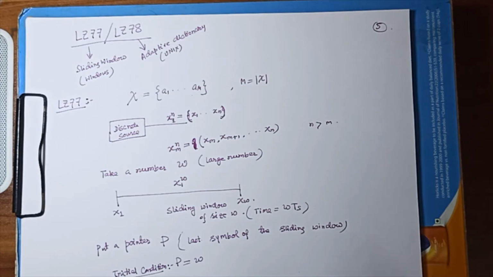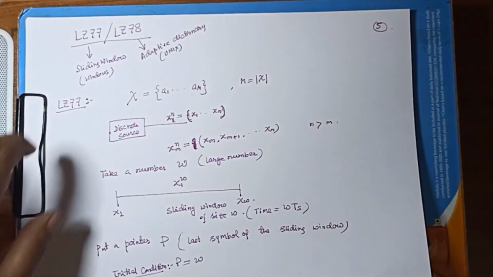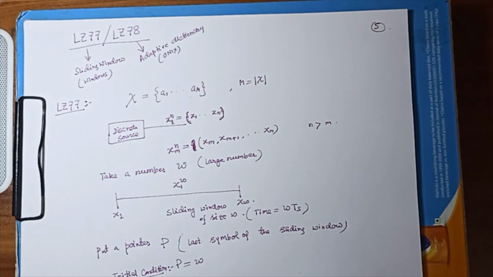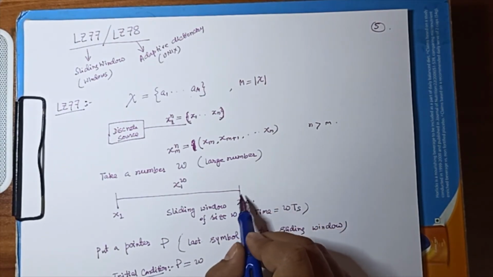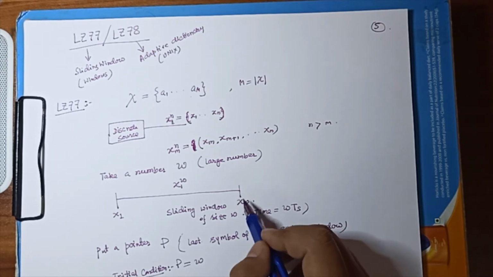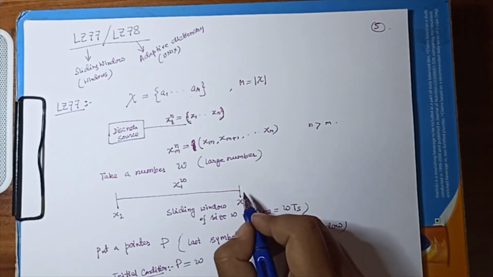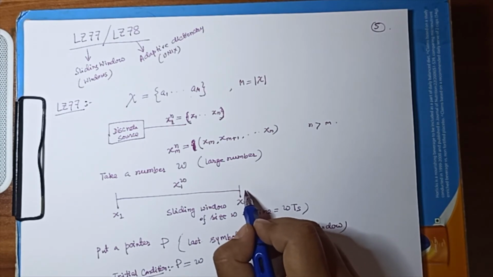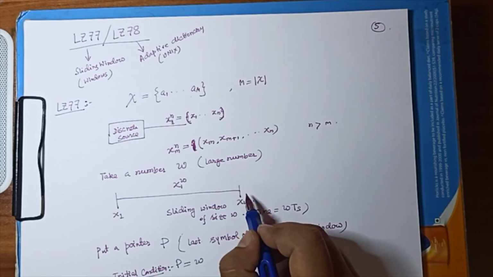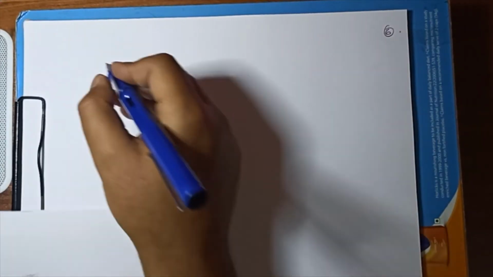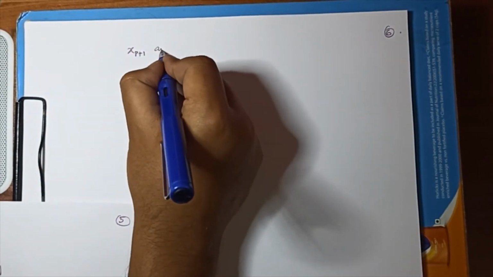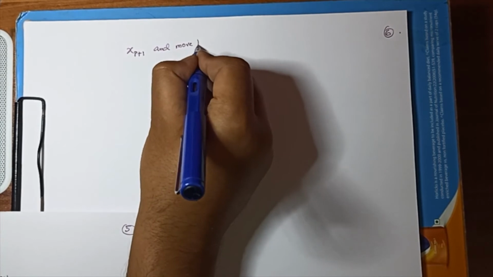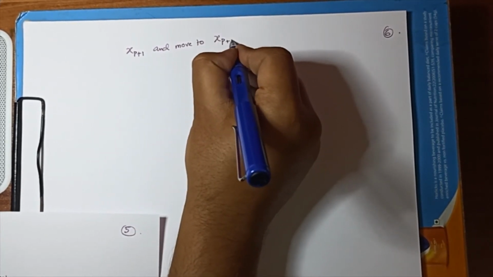Okay, so we will not encode every symbol. Rather, after xp, so p is the pointer, take the symbol xp plus 1. We start at symbol xp plus 1 and move forward up to xp plus n. What does that mean?